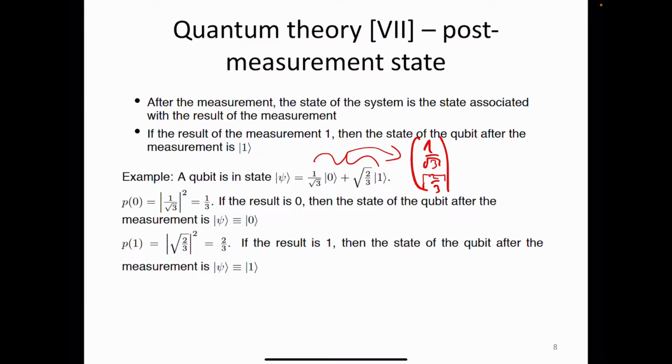If we now square 1 over the square root of 3, it is 1/3. So if the result is 0, then the state of the qubit after the measurement equals 0. For the second one, if we square it, it's 2/3. If the result is 1, then the state of the qubit after the measurement is psi for state 1.